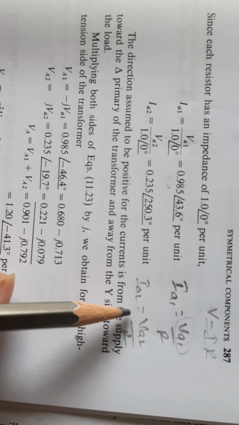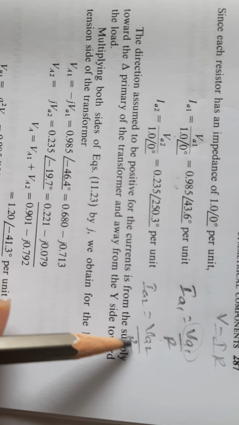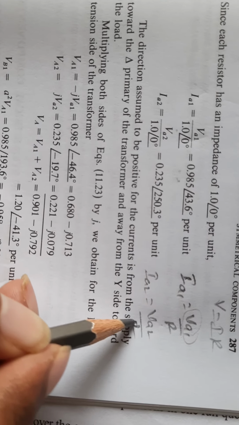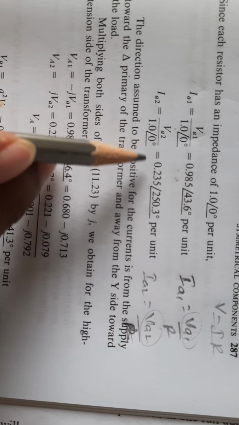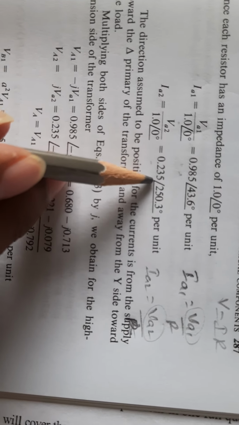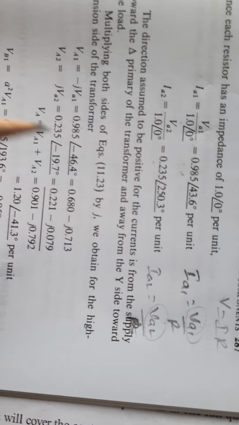Next, IA2 is VA2 divided by resistor R1. I already got VA2, 0.235 angle, so I put this value.